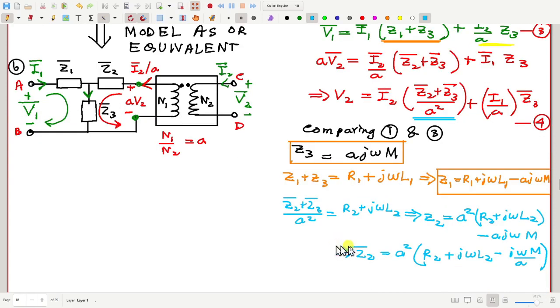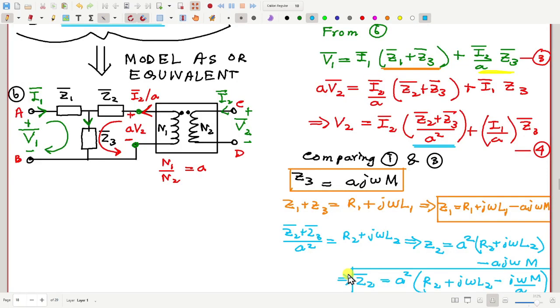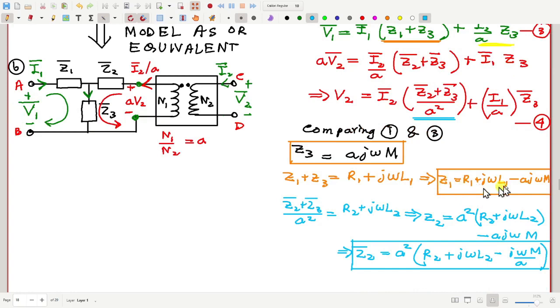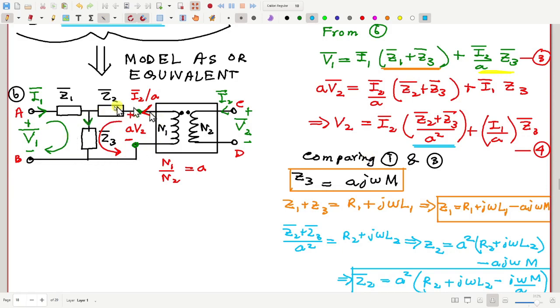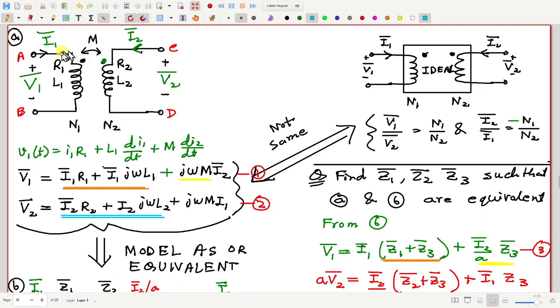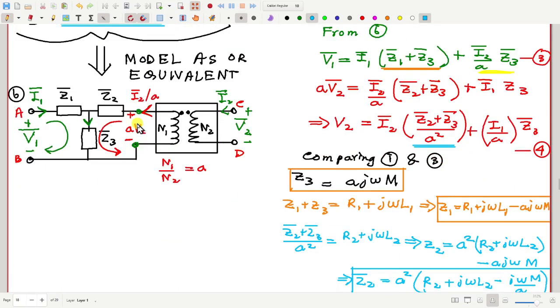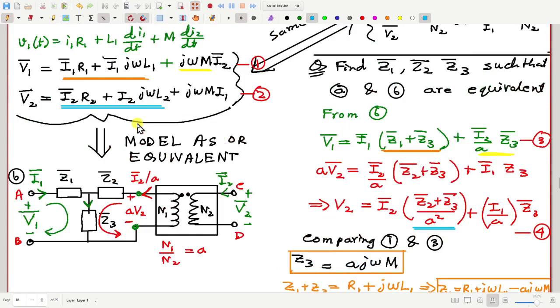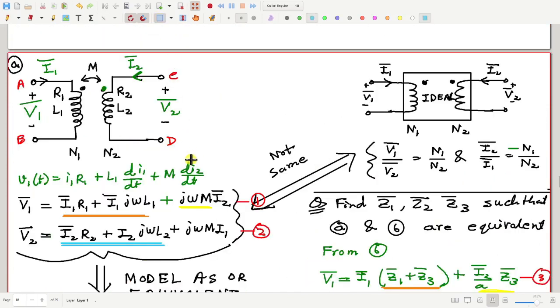So that's the value of Z2. What does this mean? It means if I take the value of Z1 like this, Z2 like this, and Z3 like this in circuit B, then circuit B will act identical to circuit A. Let me make a copy.